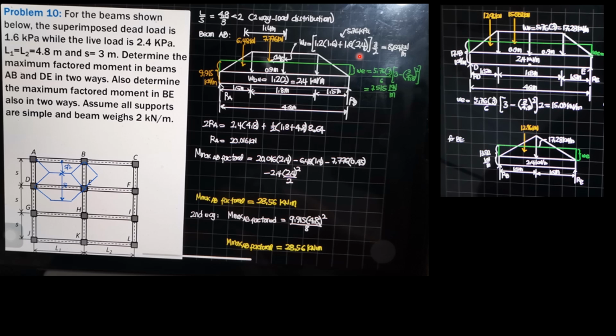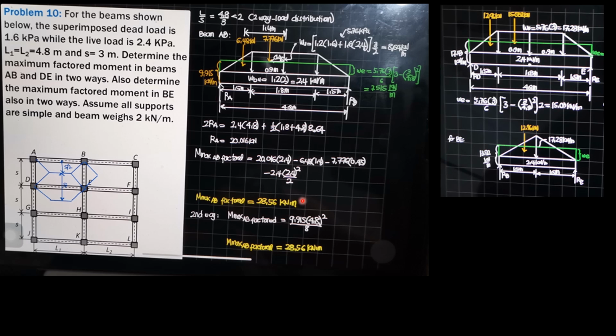In this case, PU 5.76, S 3, divided by 6, quantity 3 minus quantity S over L squared. And we get 7.515 kilonewtons per meter. So the total uniform factored load would be 2.4 kilonewtons per meter plus 7.515 kilonewtons per meter. So that's 9.915 kilonewtons per meter.